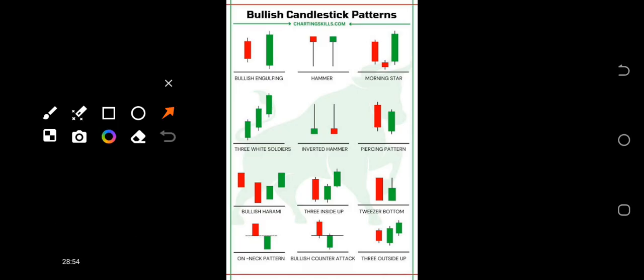And the hammer candlestick, I already told you, it will always appear in a downtrend also. Have it in mind that all bullish reversal candlesticks will appear in a downtrend, while for the bearish reversal it will appear in an uptrend. You are seeing this is a downtrend.